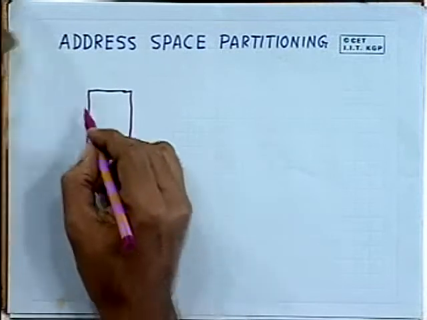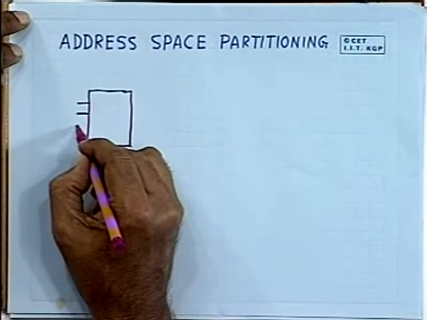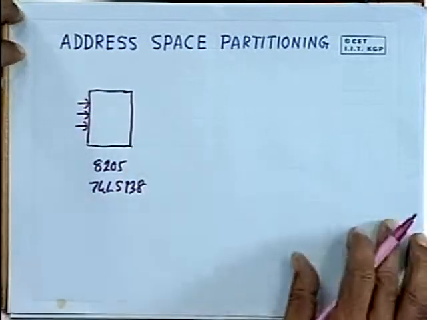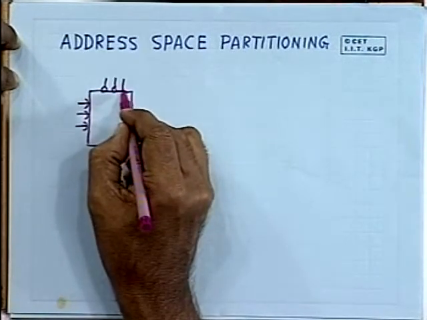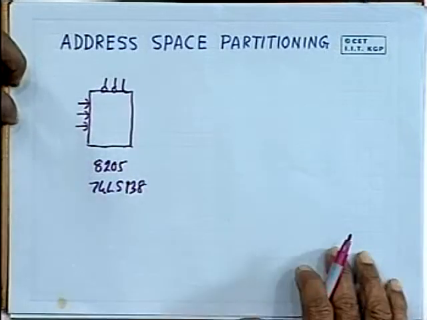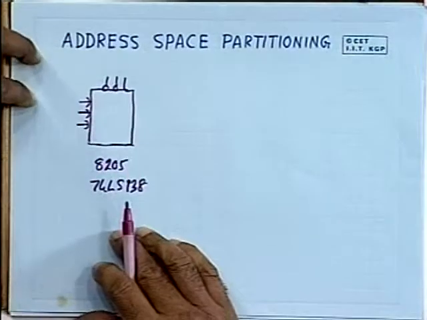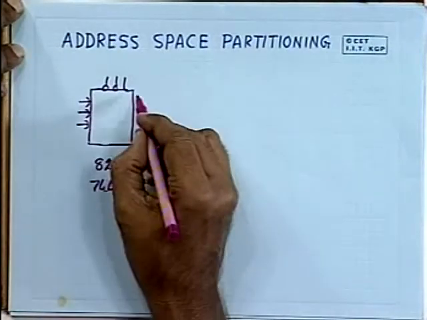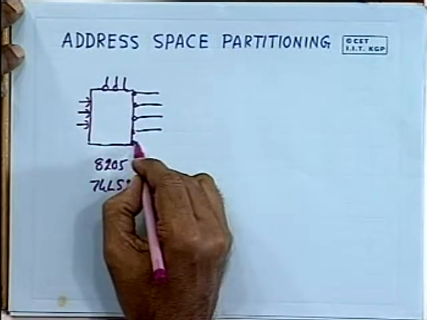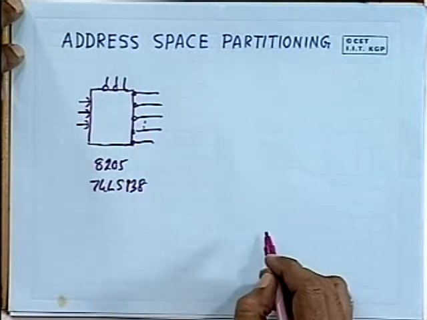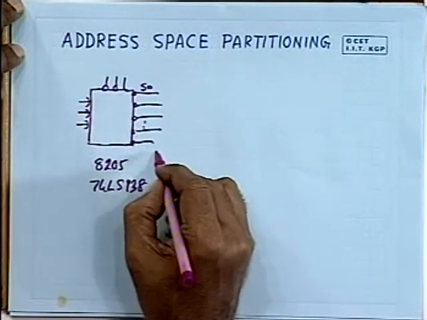They are the same, and these are 3 to 8 decoders. As we know, these are the chip select lines, 2 low active and 1 high active, and these are the 3 address lines, the input lines of the decoder, and you have got 8 output lines. In this way you have got 8 output lines. So this is your S0 to S7.